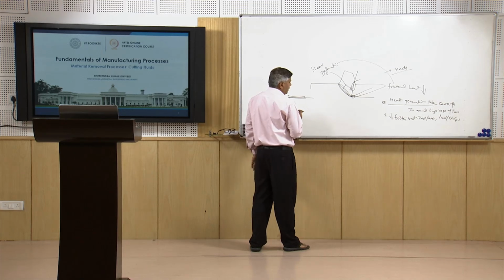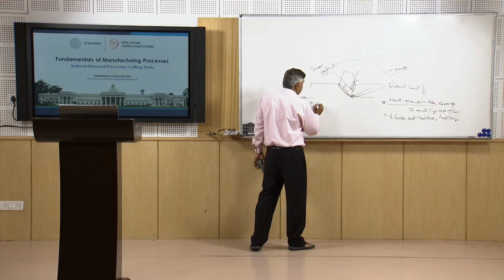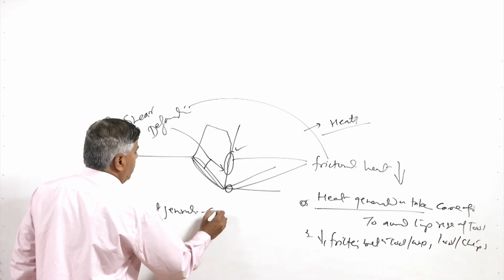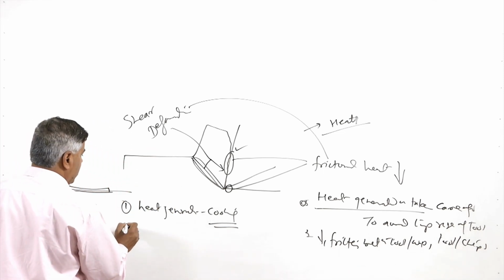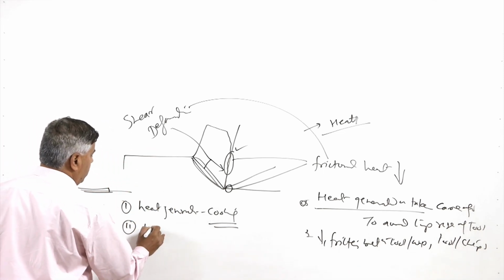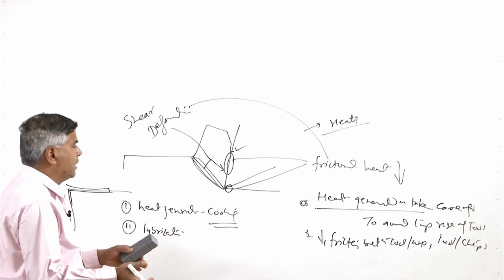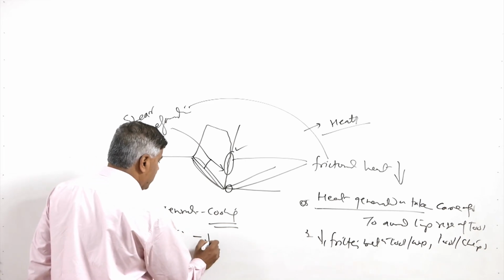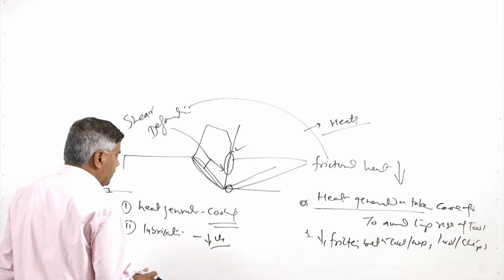So, we need to take care of the heat generation aspect, and for this purpose we need to use the cutting fluid for cooling, and another is the lubrication at the tool chip interface as well as the tool and workpiece interface, so that the friction between the tool and workpiece and chip and tool can be reduced.